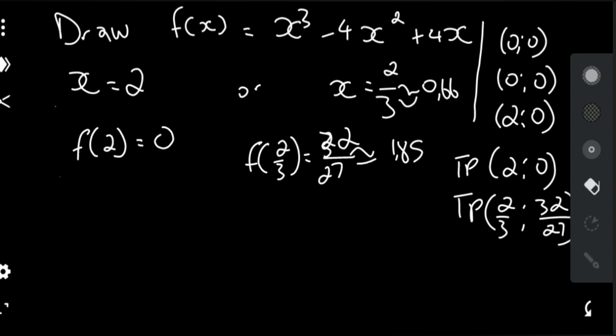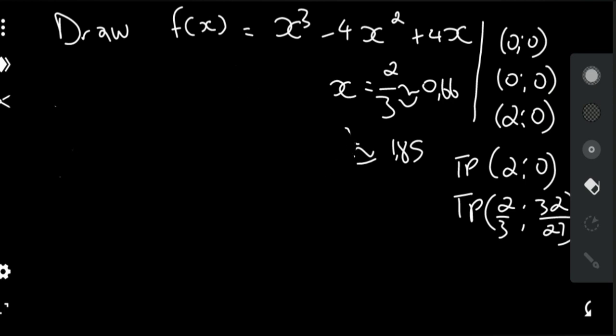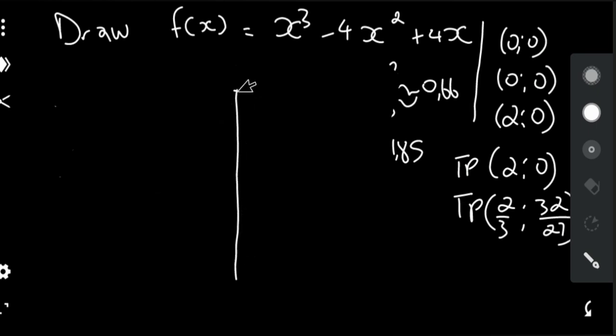Let me erase this part. So I think this is enough space. So let us sketch this graph. Or let me attach the pen. So you need to label your axis. So this is going to be our y-axis, and this is going to be our x-axis.